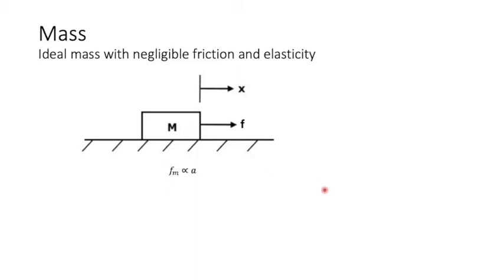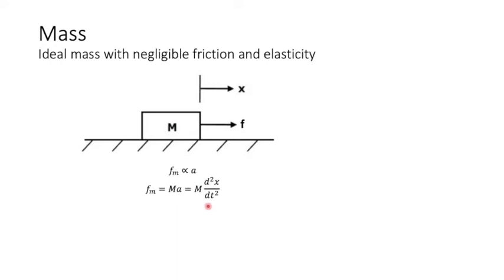The opposing force due to mass, Fm, is proportional to the acceleration of the body. So, removing the proportionality constant, we can write it as Fm is equal to m into a, where m is the mass. Acceleration can be represented in terms of displacement as d square x by dt square.